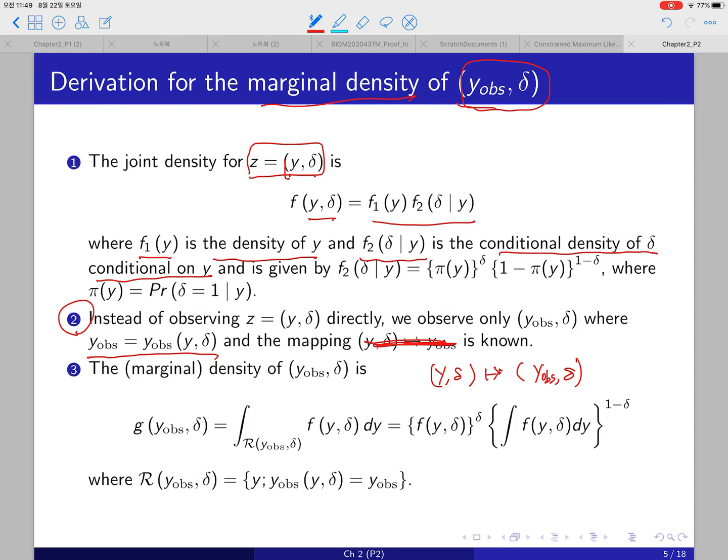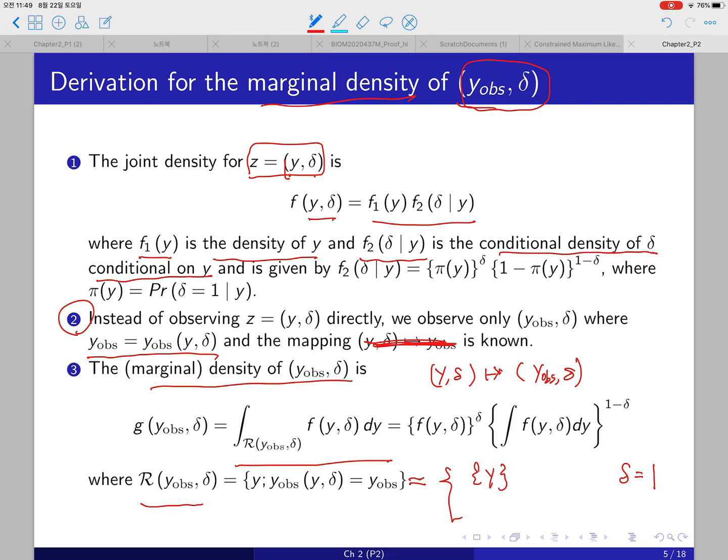Okay, so then the marginal density of this guy is this one, right? So we have only to determine the set of y observed and delta. So what is this? Well, you can see that if delta equal to 1, then this is just y, right?